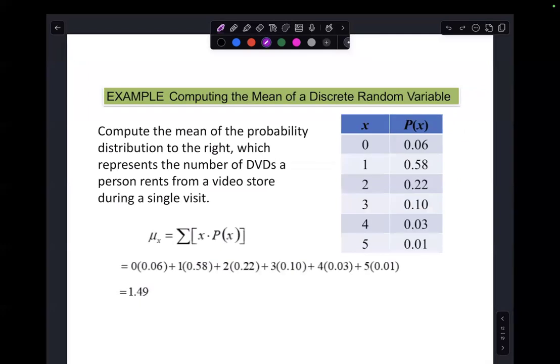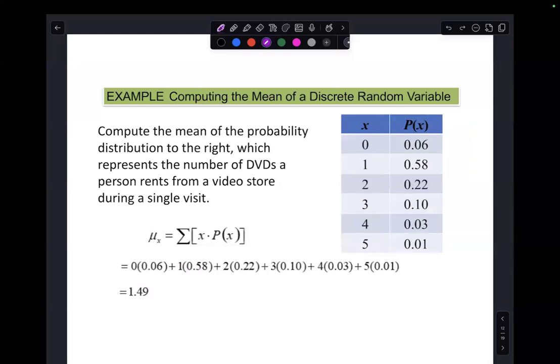All right, now we're going to do math. This is where the math comes in. And yes, I'm going to teach you some fancy calculator, not even super fancy, but very useful. So the mean of the probability distribution right here, even though that says DVDs, I don't know why it jumps from Netflix to DVDs when it is the exact same data.